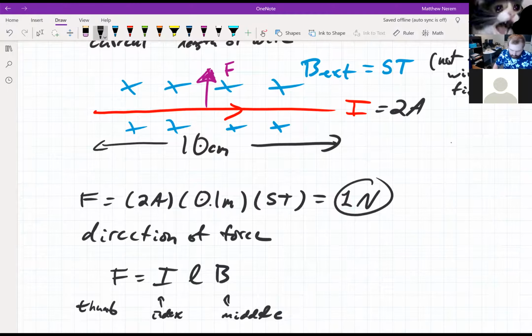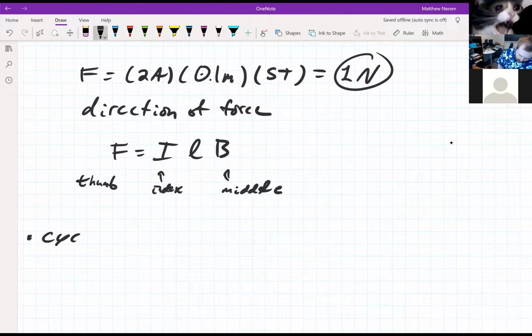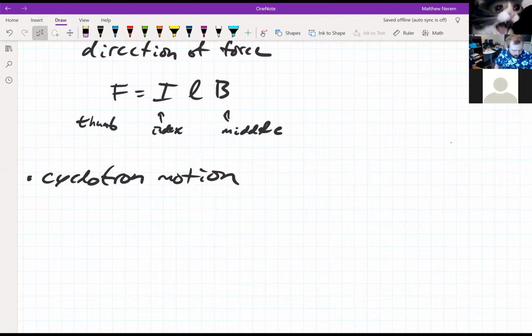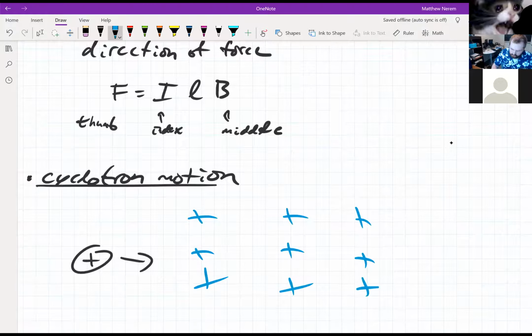Right, the cyclotron. Cyclotron motion. So our stereotypical example is some positive charge flies into this magnetic field.